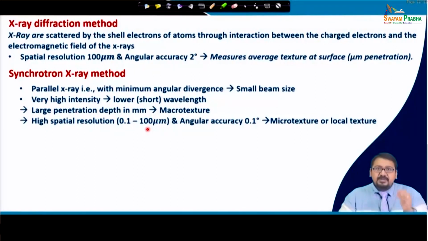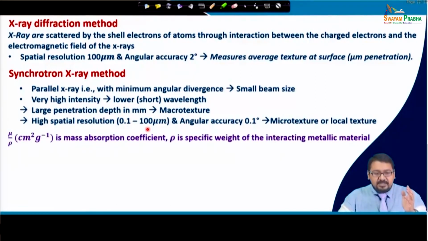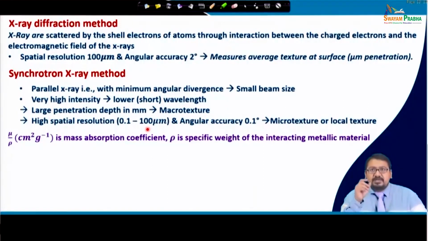So, if we look into these X-ray diffraction methods, the absorption of these X-rays, meaning the normal X-rays and the synchrotron X-rays, let us talk about the normal X-rays. It depends upon the value mu, which is given here. This mu is basically the linear absorption coefficient.